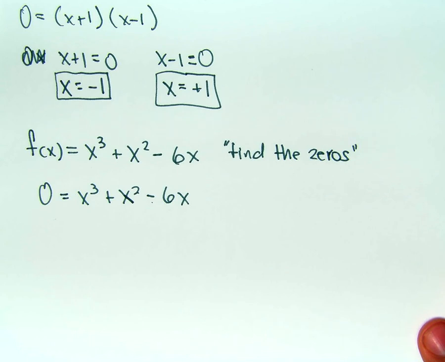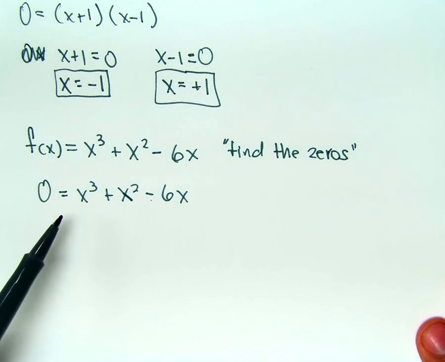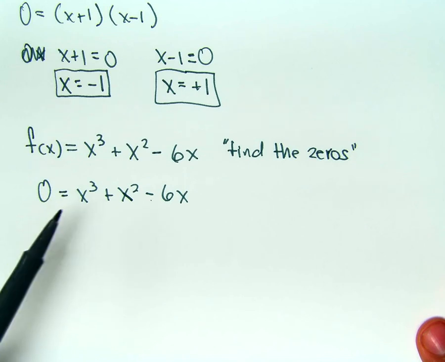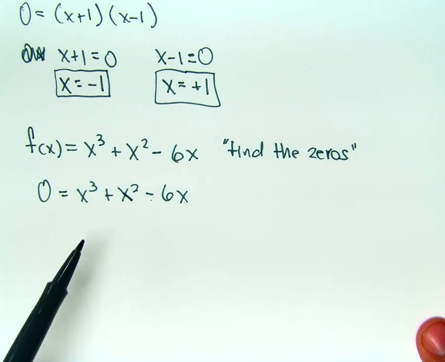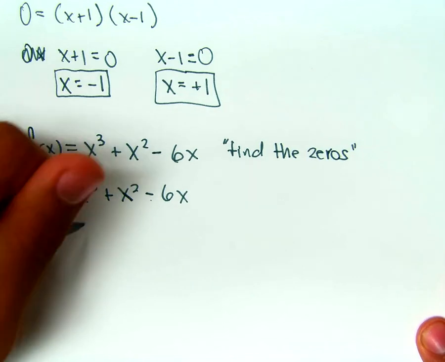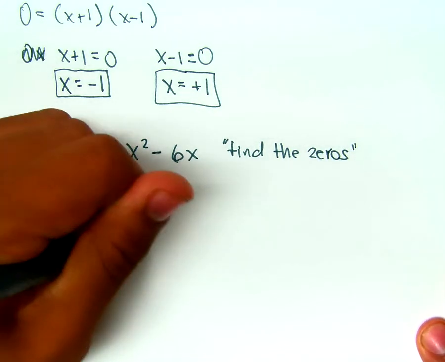If we're going to factor our equation now, what do we want to look for first? We want to look for the greatest common factor. What is the greatest common factor of this? X. Yes, very good. So the first thing you always want to look for is whether or not there's a greatest common factor. In this case there is, and it's x.